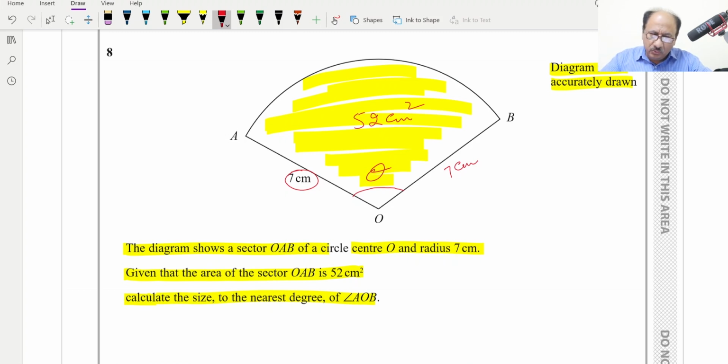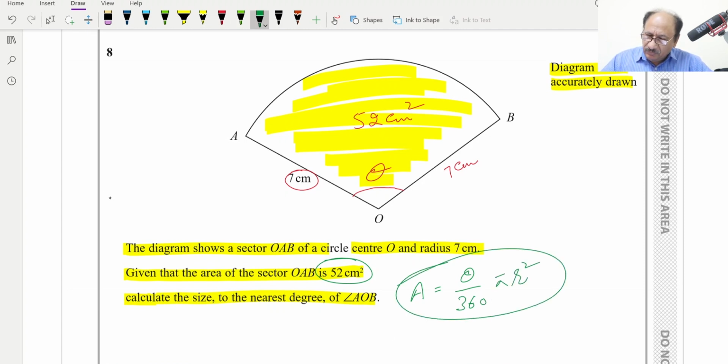And we know the sector angle is what? The formula for the angle of a sector is basically for area, because area is provided, so we will use area. So the relation between area and angle is A is equal to theta over 360 times pi r squared. So this one we will be applying.